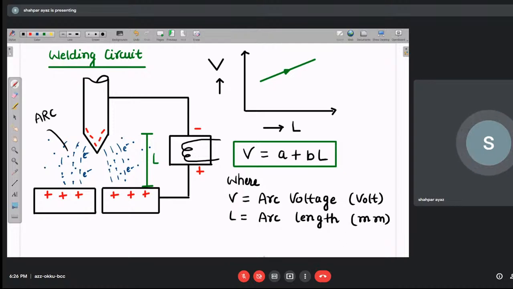Always remember it is in mm. And A and B are constants. Clear, guys? I hope this discussion is done. Note down, everyone.